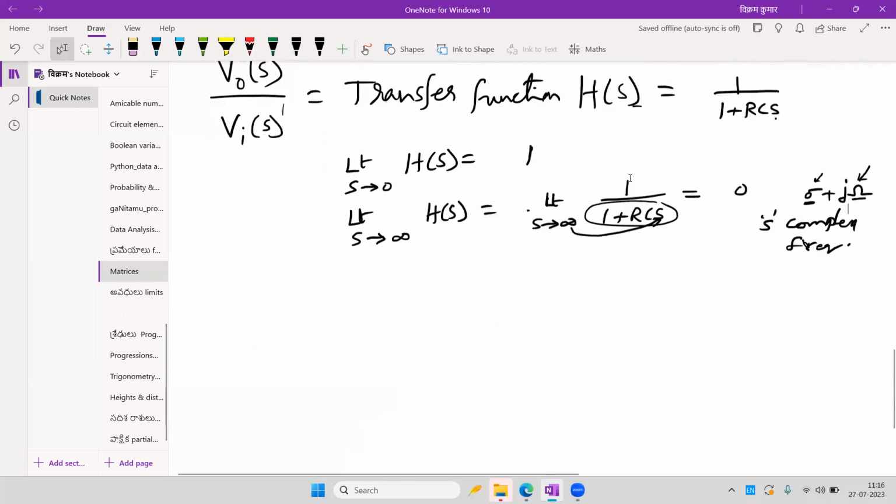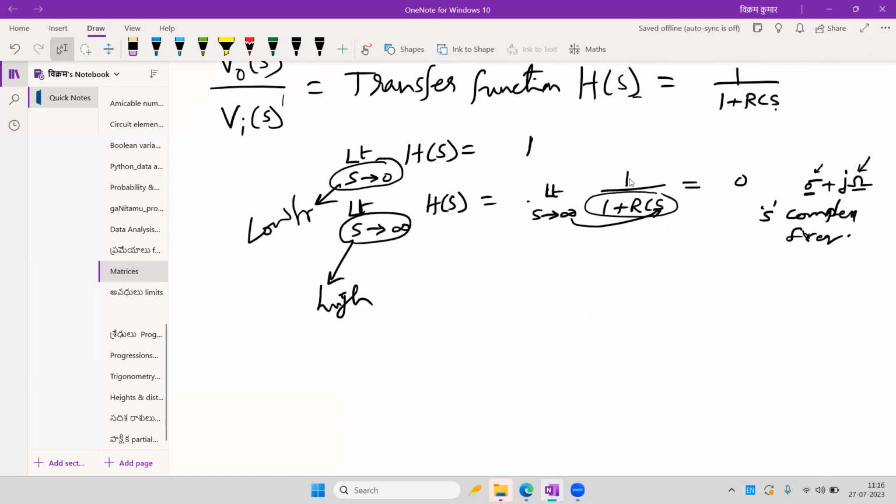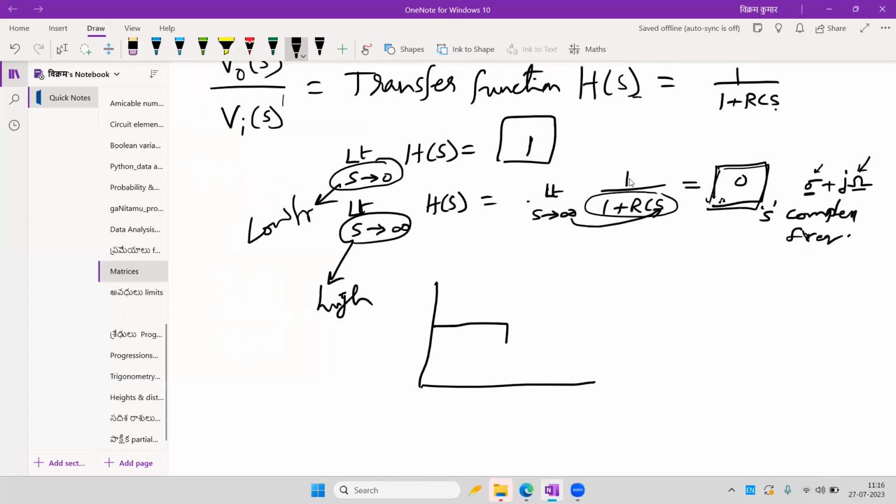So s tends to 0 means low frequency, and s tends to infinity means high frequency. Now you can see at low frequency you have 1 and at high frequency you have 0. That means it will not pass high frequencies. It is 0, so it will not pass that high frequency. That means this is a low pass filter.